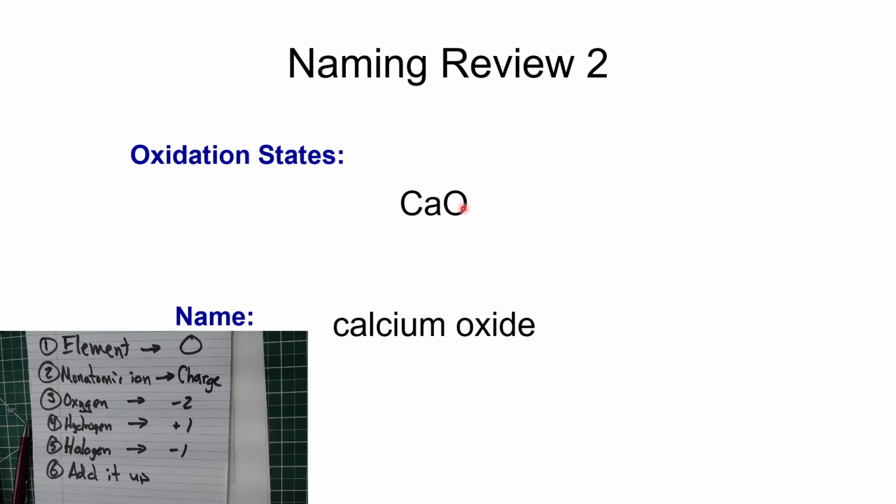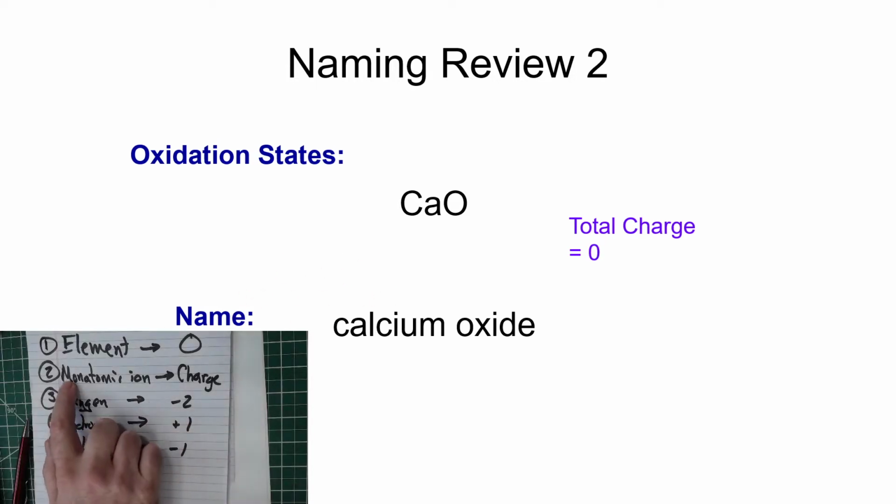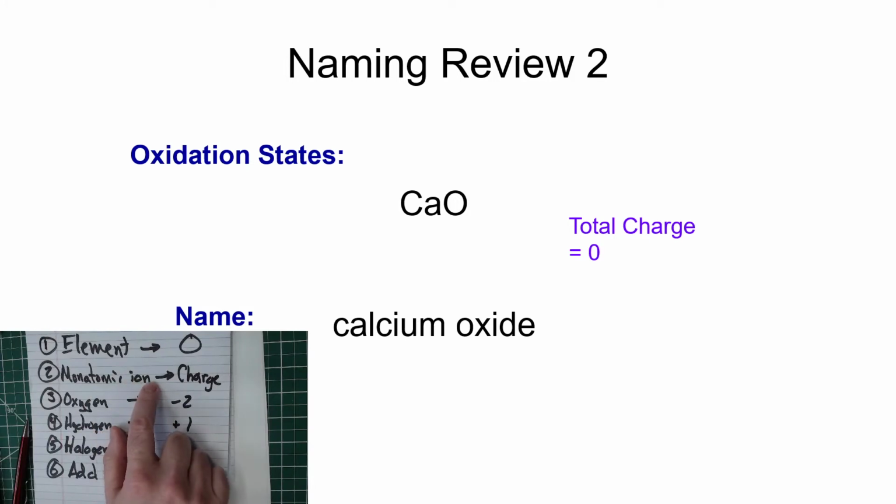And this, as you can see, is a neutral compound. That means the sum of all the oxidation states, when we add them up, has to come out to 0. So our total charge is equal to 0. All right, so now that we've done that, we'll look at, is there a monatomic ion present? And the answer to this is yes.